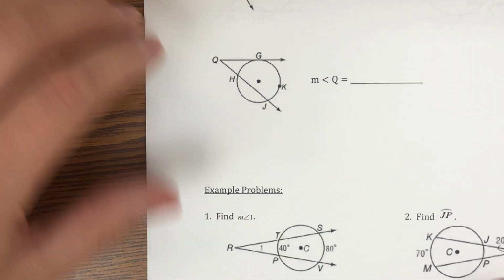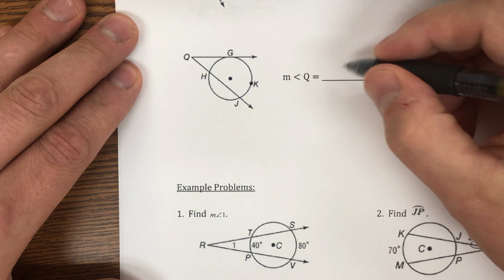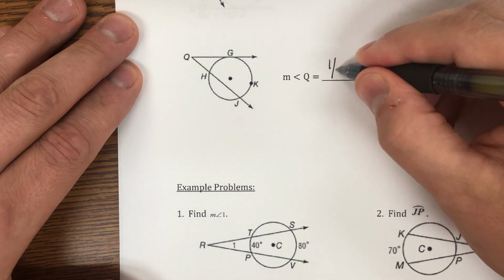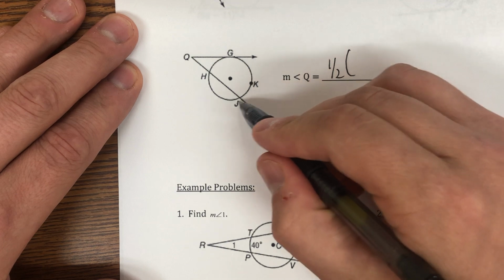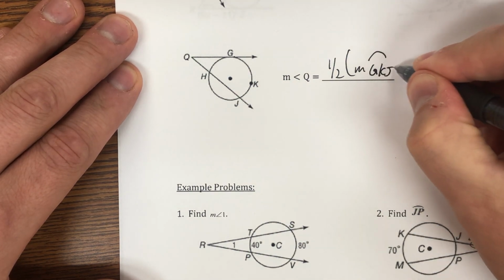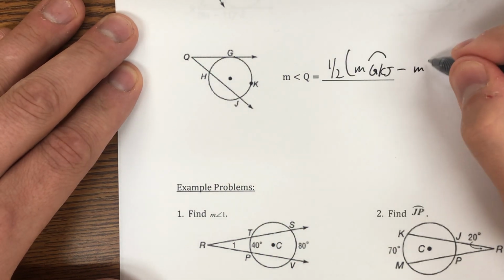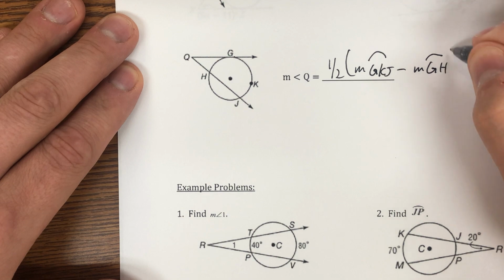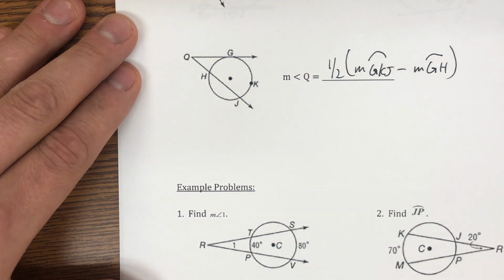And now we have a tangent and a secant. Same process. Measure of the angle, this time it's Q, equals 1/2. The big intercepted arc is GKJ minus the small one, GH. So that's how we set up the equation for the angles outside the circle.